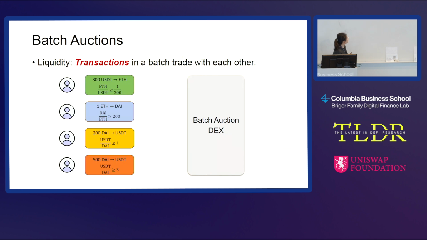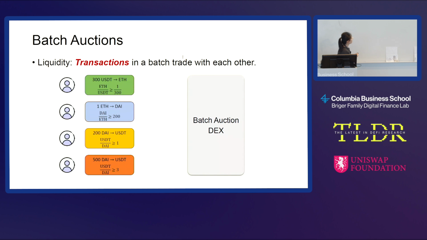Let me first remind you how batch auction works. In the batch auction, the liquidity is the transactions themselves. It means that the transactions exchange with each other, providing each other with the tokens they need. Specifically, a mediator will collect the transactions for a period of time, for example, all transactions after the last block.